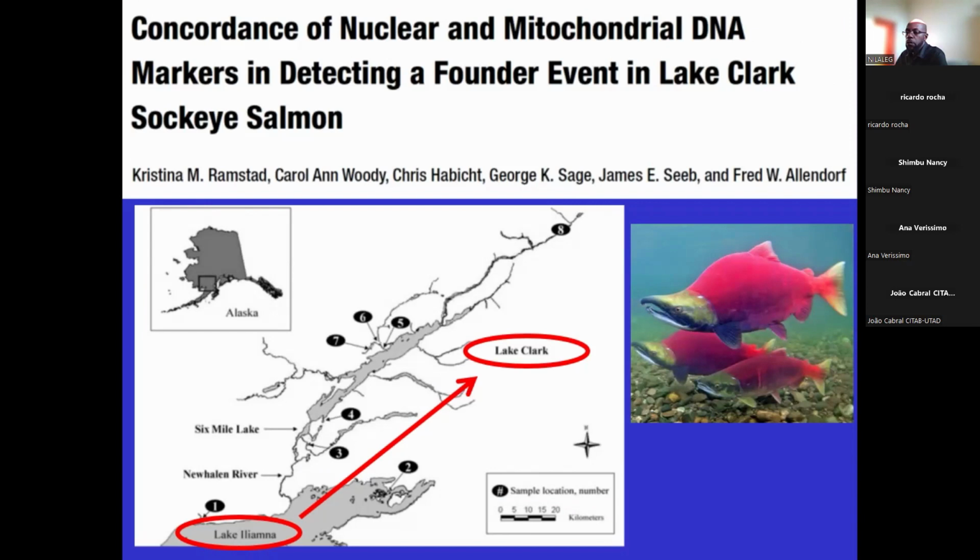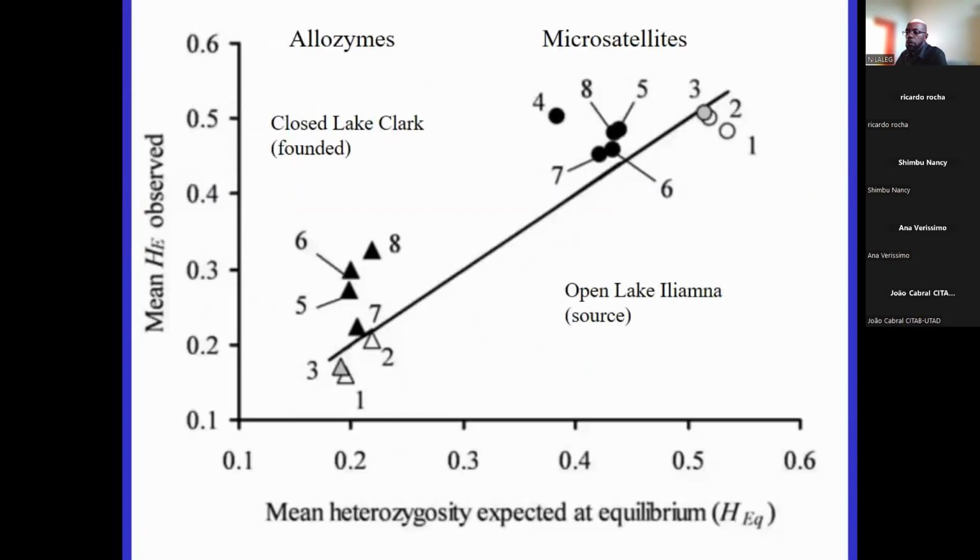Christina had collected allozyme data, microsatellite data, and mitochondrial DNA data to see if she could see a signature of that bottleneck in these populations. And this is the basis of the test that Gordon and Cornuet developed. There's theory that allows you, if you look at the number of alleles at a locus when you collect data from a natural population, to estimate the expected amount of heterozygosity we expect in that population at equilibrium.